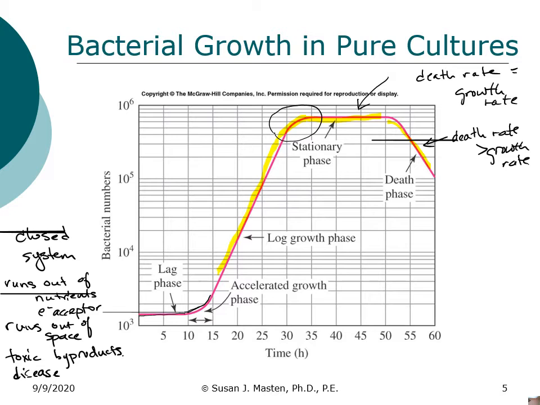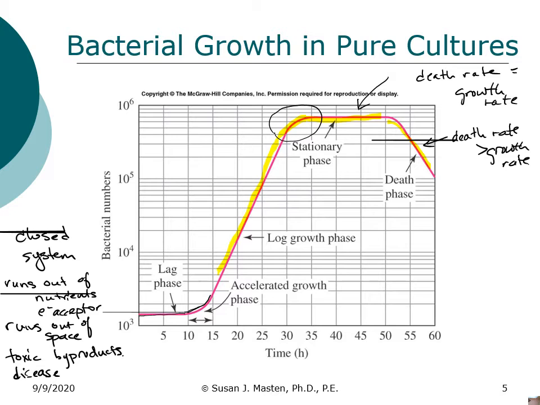So we've got this initial lag phase where the organism is acclimating to its new environment. As it acclimates, the growth rate accelerates. We have an accelerated growth phase. It then enters a log growth phase or an exponential growth phase.